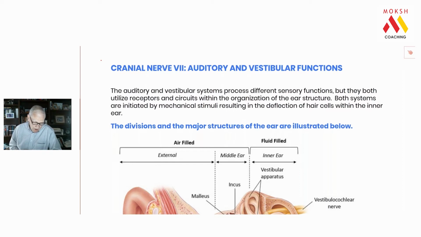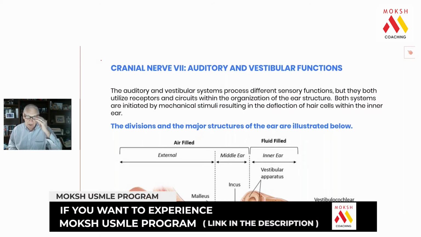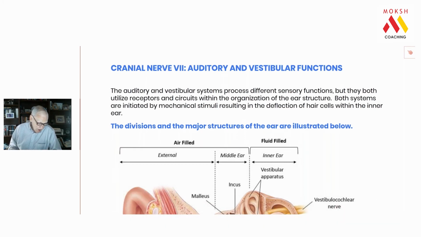Now, the eighth cranial nerve deals with a double function, balance and equilibrium, and also auditory hearing functions. And it also has an important role to play in one of the major reflex movements of the eyes. So that's going to be one of the important parts of our discussion dealing with the eighth cranial nerve.